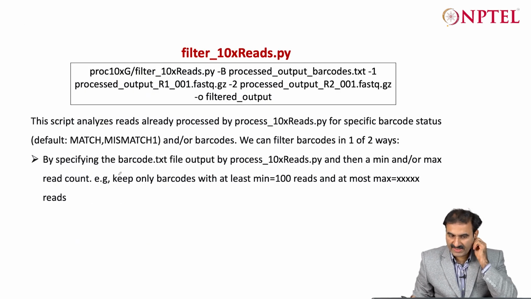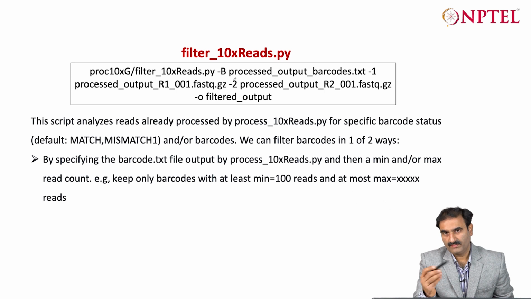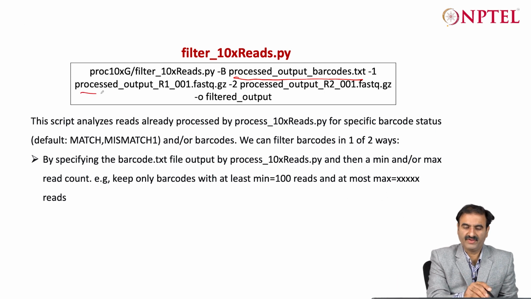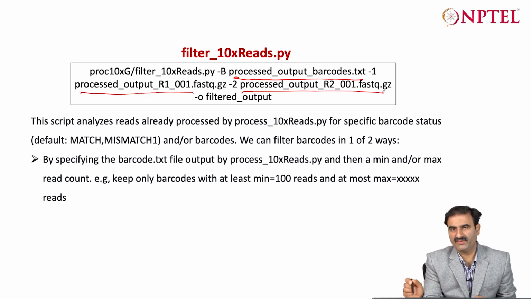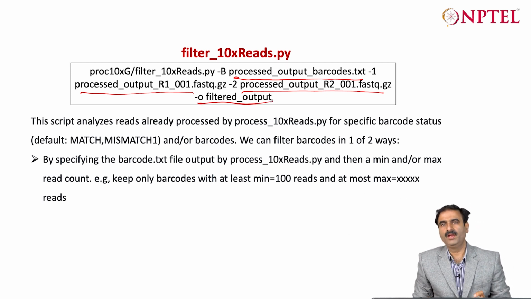The next Python script is filter_10xReads.py, which takes the processed output barcode.txt file that we saw in the previous slide, the processed R1 and R2 files generated from the last step, and the output folder. Based on the barcode status, match, mismatch, ambiguous or unknown, it can separate and prepare the files.